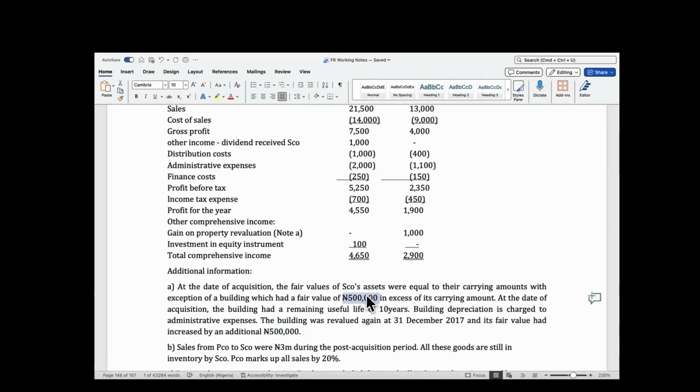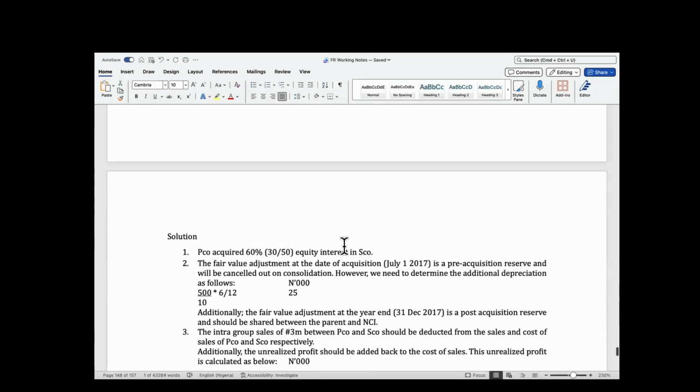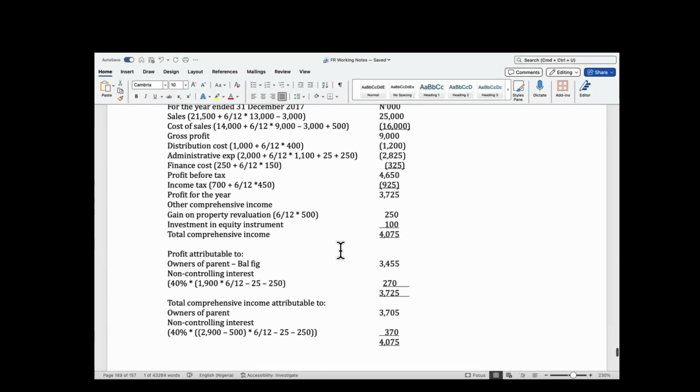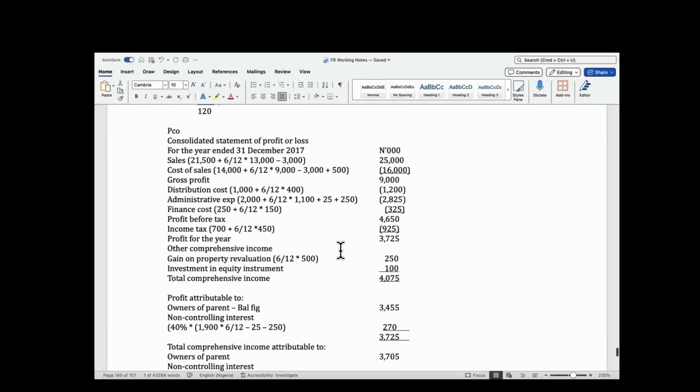The one at the beginning is a pre-acquisition reserve. It will be cancelled out in computing goodwill. The second is a post-acquisition one that will be consolidated. But since we acquired the subsidiary in July, that's why we're only taking 6/12 of it, which is this gain on property revaluation.